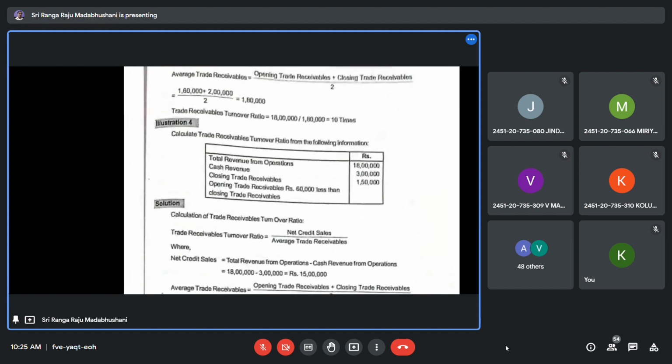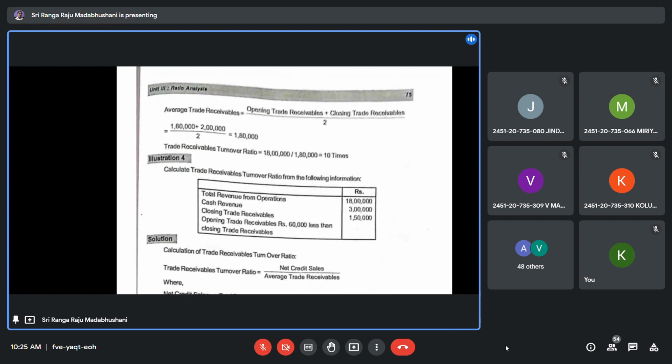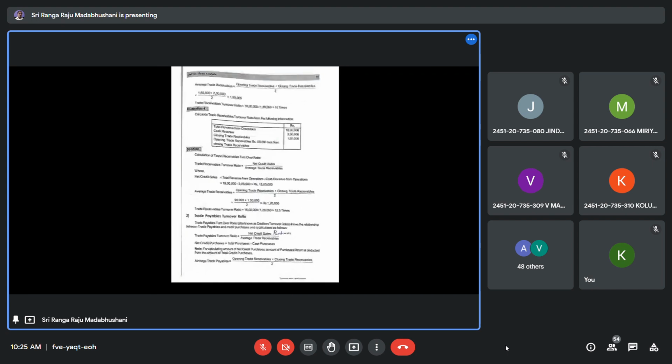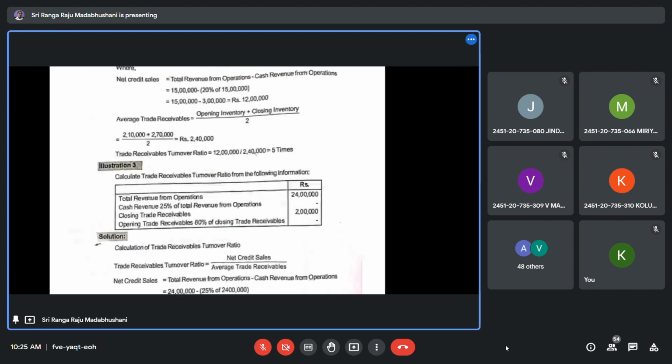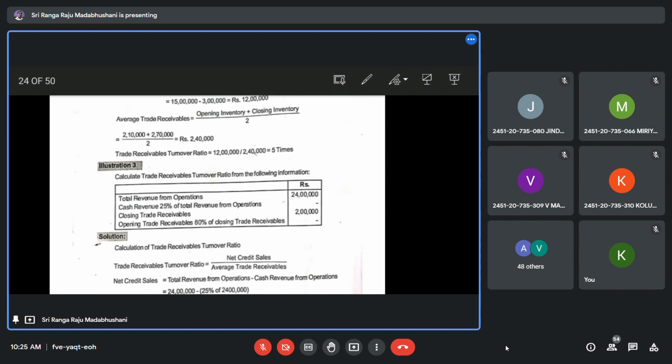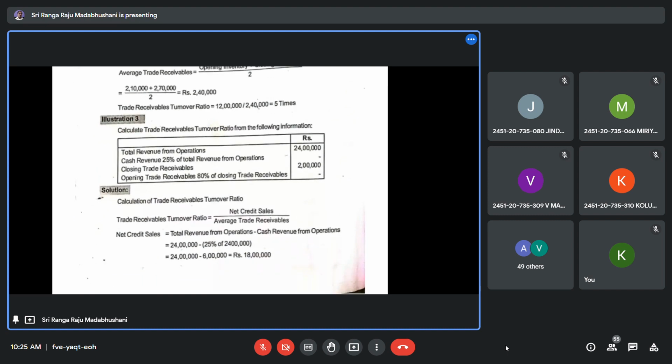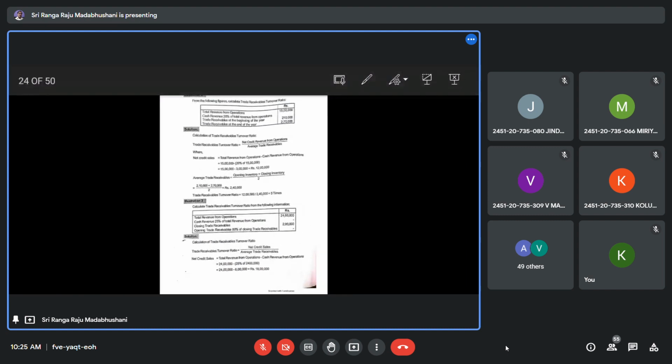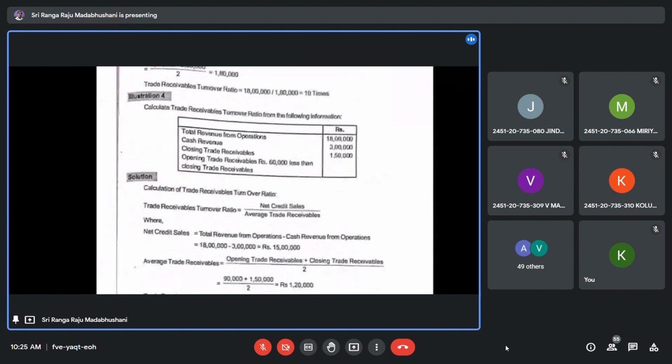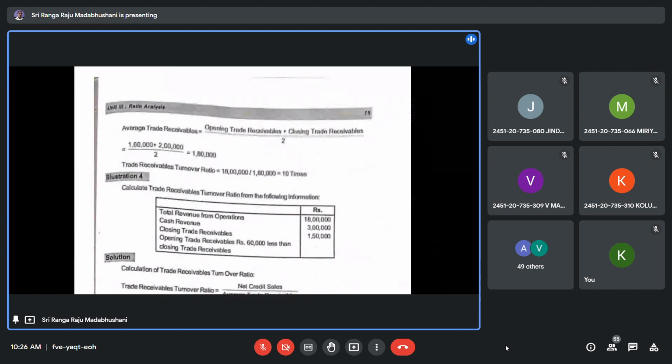Then average receivables, opening and closing receivables. See here, something is missing in the question. It should be opening trade receivables. Here he has to give a value: 1,60,000, and 80% of the closing receivables. Directly I have taken it here. So 1,60,000 plus 2 lakhs by 2, 1,80,000.